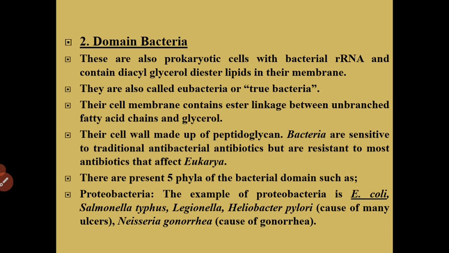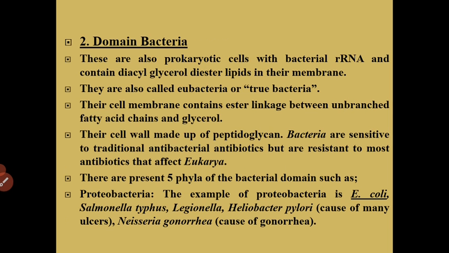Their cell membrane contains ester linkage between unbranched fatty acid chains and glycerol. Their cell wall is made up of peptidoglycan, and bacteria are sensitive to traditional antibacterial antibiotics but are resistant to most antibiotics that affect Eukarya.